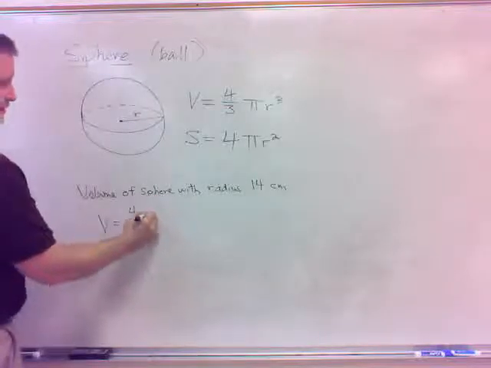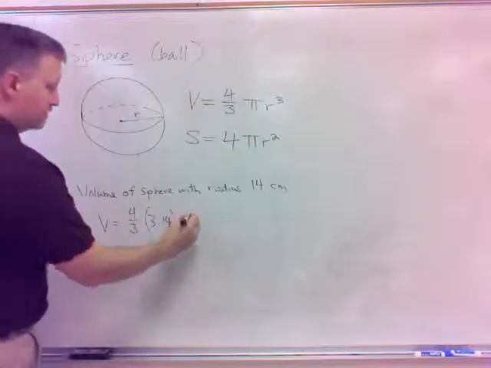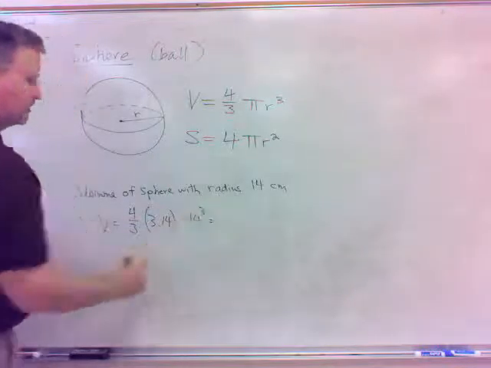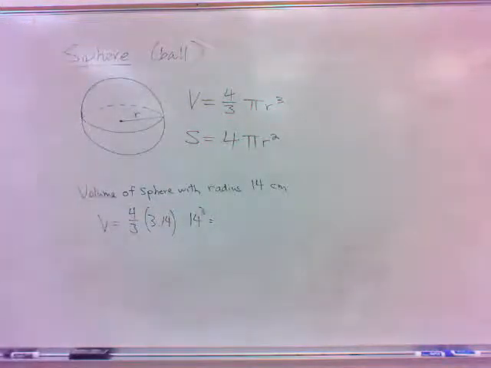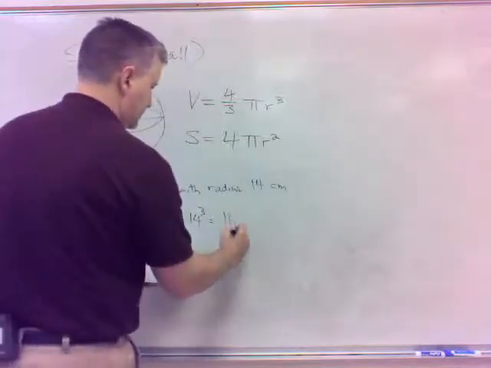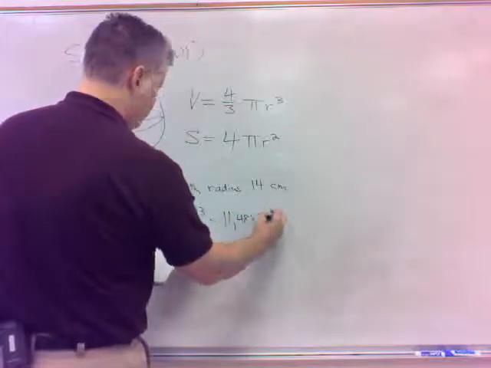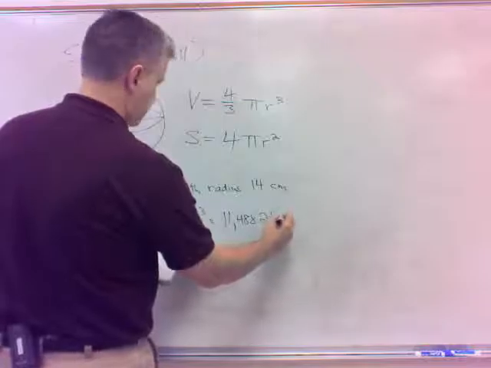So it'll be 4/3 times 3.14 times the radius cubed, 14 cubed. That would give me, let's see, 4 divided by 3 times 3.14 times 14 cubed. Plug it all in there. I get 11,488.21 cubic centimeters.